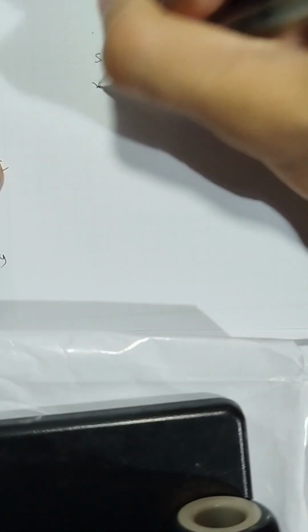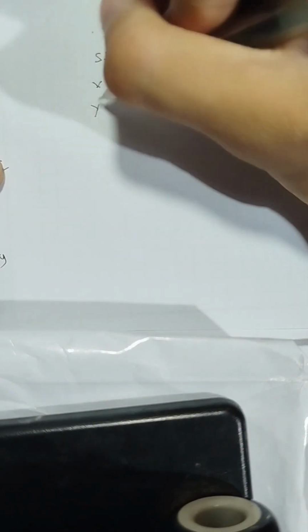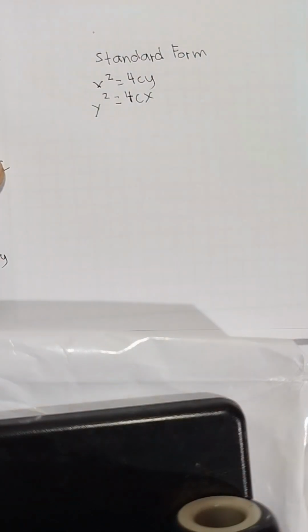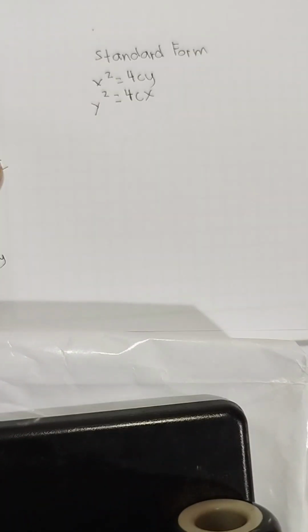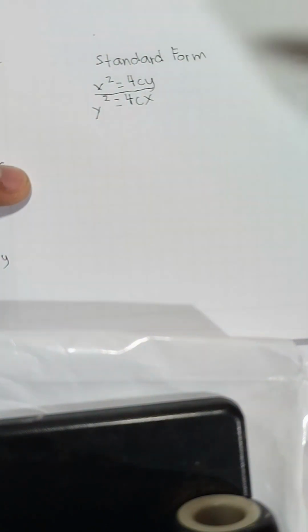A parabola has two types of standard form. Well, technically 4, but we'll only count as 2, which is x squared equals 4cy and y squared equals 4cx. So first, let's talk about x squared equals 4cy.